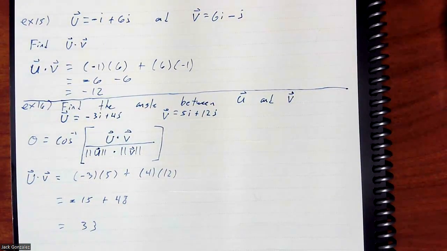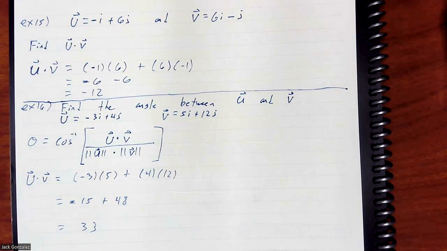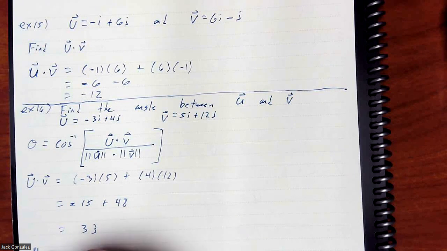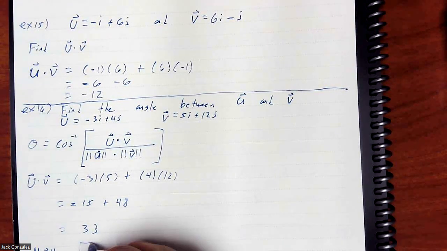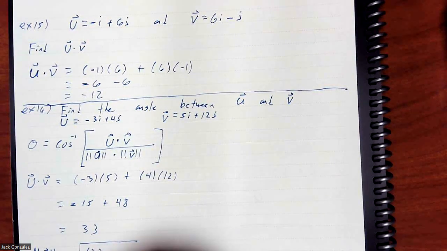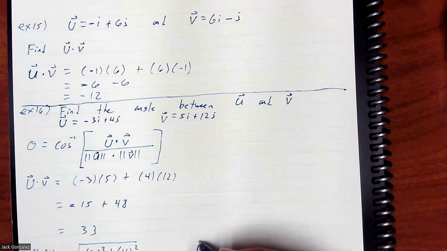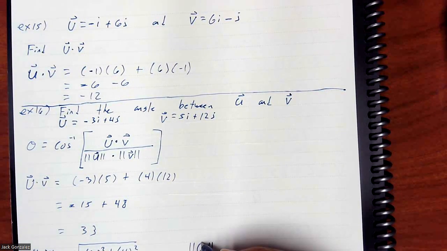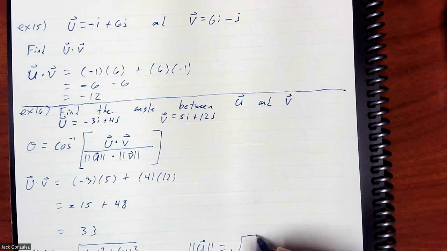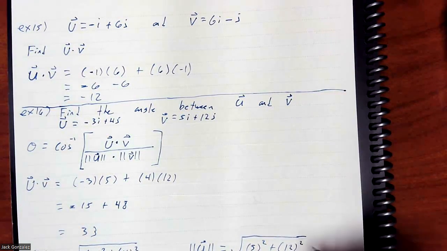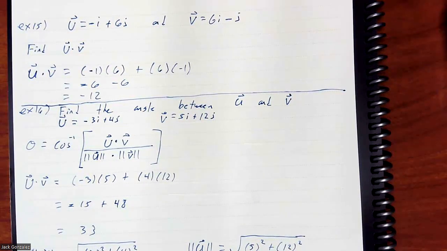All right. Now we need each of the magnitudes for u and v. The magnitude of u is equal to the square root of 3 squared plus 4 squared, and for v it will be 5 squared plus 12 squared.